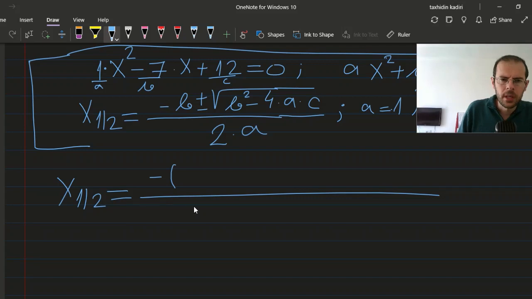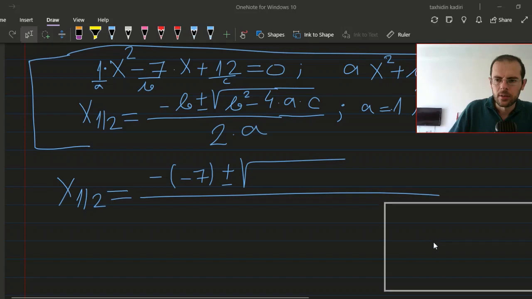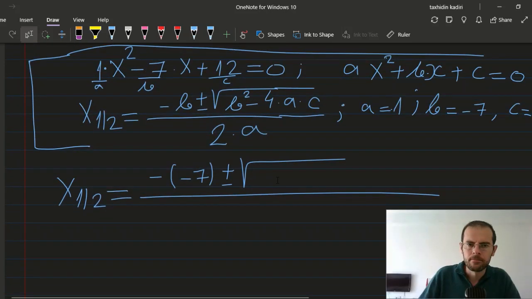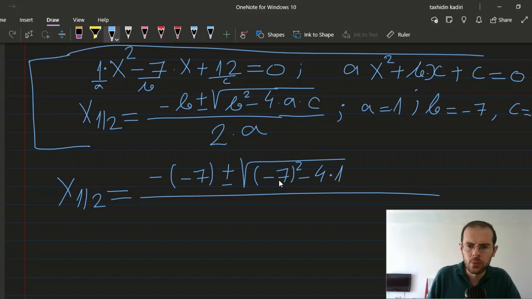Minus b is minus 7, plus or minus the square root of b squared, minus 7 squared, minus 4 multiplied by a, which is 1, multiplied by c, which is 12, over 2 times a, which is 1.